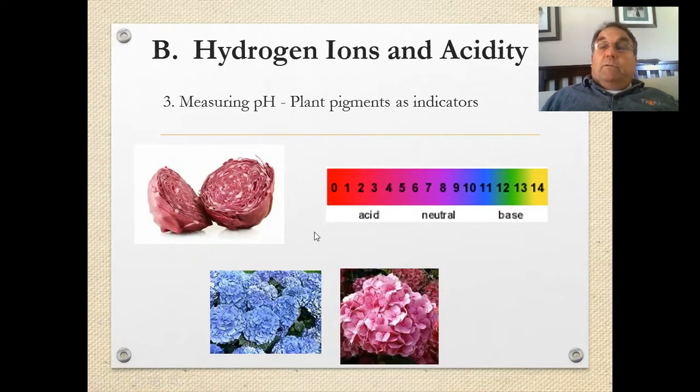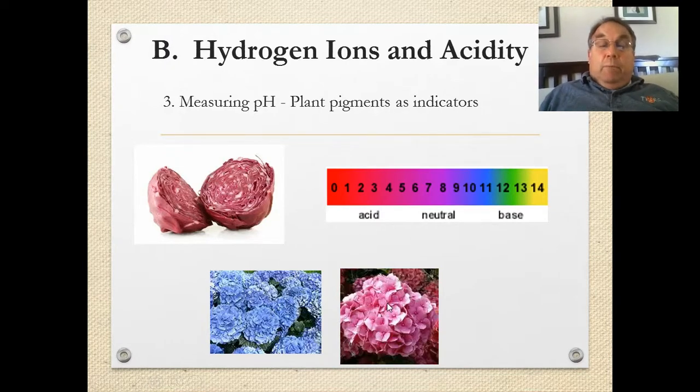Okay, now we're going to use some plant pigments. Like I'll take some cabbage juice and boil it, and then we'll take the pigment from that cabbage juice and make an indicator of it. And you can see that it changes colors over the whole spectrum, kind of like a universal indicator. Hydrangea flowers will actually change color based on the acidity or basicity of the soil that they're grown in.